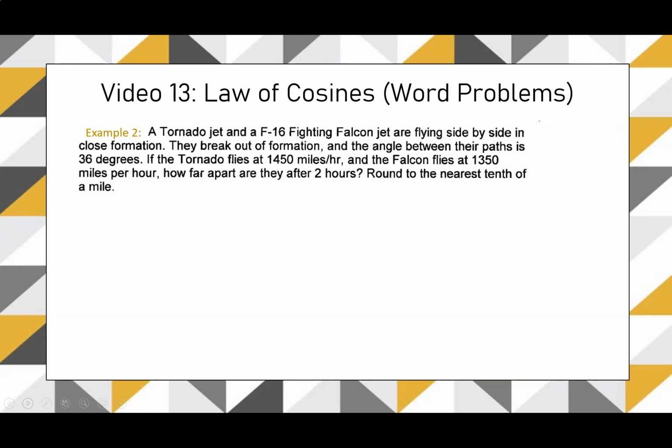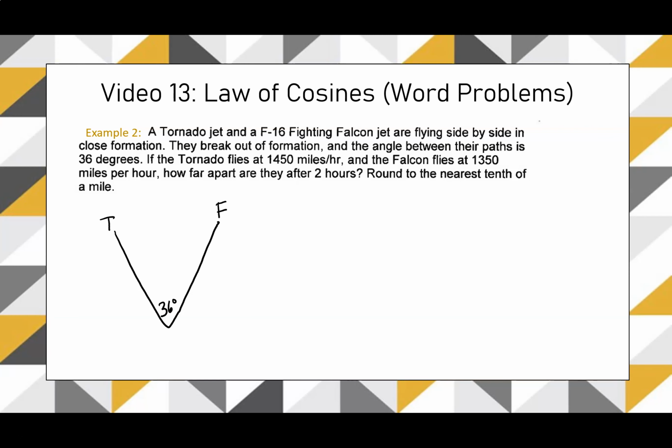Well, first of all, we've got something like this going on where they're both kind of flying in this direction. And you don't have to necessarily have it in that direction, but it's fine. And we know that the angle between them is 36 degrees when they fly off. And let's just call this one the tornado jet, and we'll call this one the Fighting Falcon.